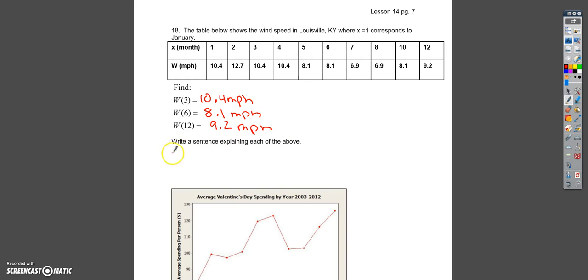So, in March, January, February, March, the wind speed was 10.4 miles per hour.